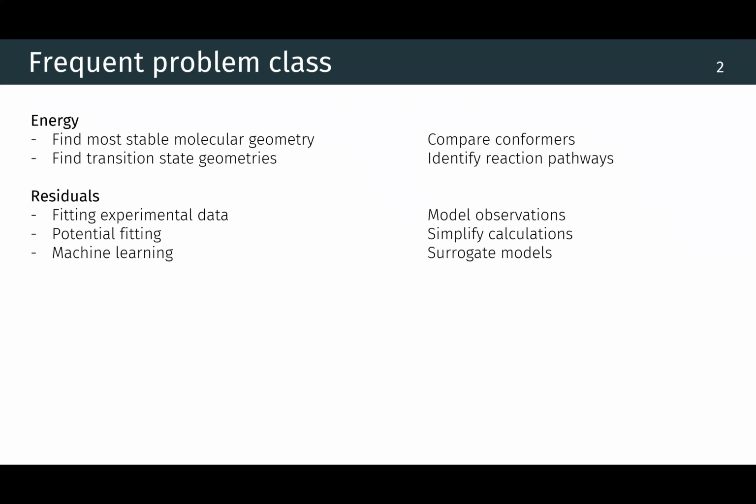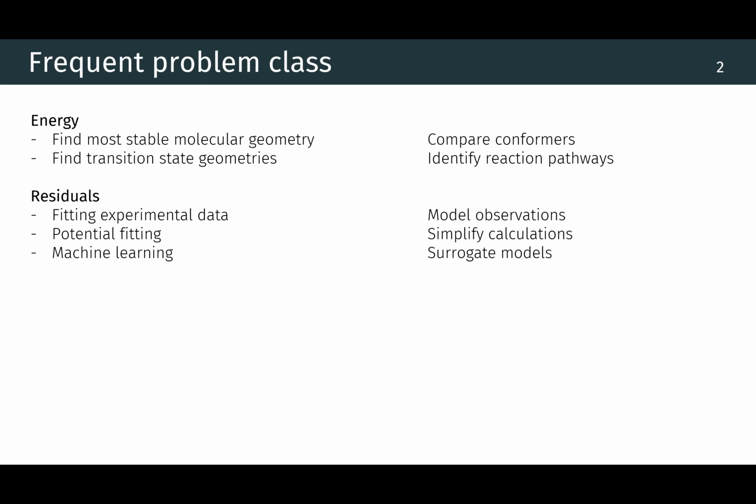Now, for those of you who are not going to do computational chemistry, but are more focused on the experimental side of things, you still need optimization. Maybe not the energy, but most likely you will spend a significant amount of time optimizing residuals. Residuals are the unexplained part of the numerical model of a fit.